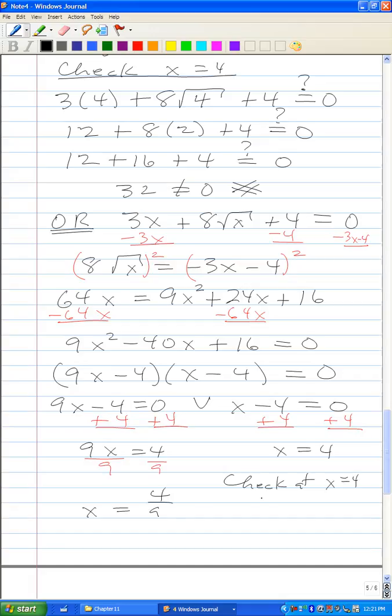And then you get 32 not equal 0. And again, you check at x equals 4 over 9. But then again, you get 32 over 3, which is not 0. So with that, you get contradictions. And so the answer is no solution.